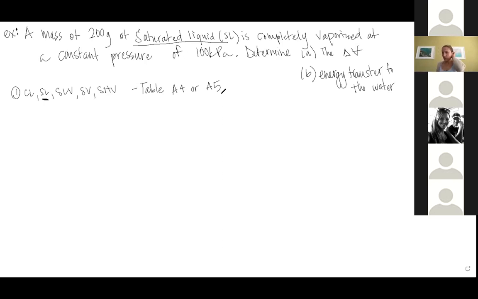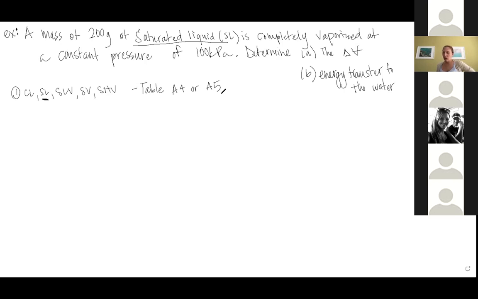So if you look here on page 904, table A4, your first column is temperature. And then on the next page, table A5, your first column is pressure. So it depends on whether you're working with pressure or temperature. Table A4 works with saturation temperature, and table A5 works with saturation pressure.